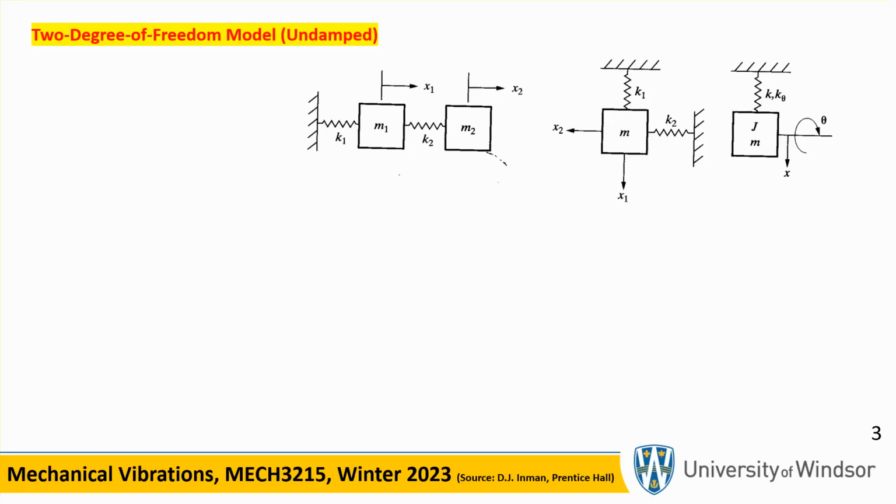In this case, you can hold, for example, block one stationary, you can grab it, hold it, and then mass two can move by itself. That's 1 degree of freedom. Or you can hold mass 2 and mass 1 can move by itself. So there are two independent parameters that determine the position of this mass.